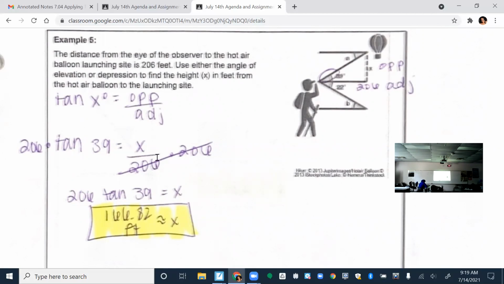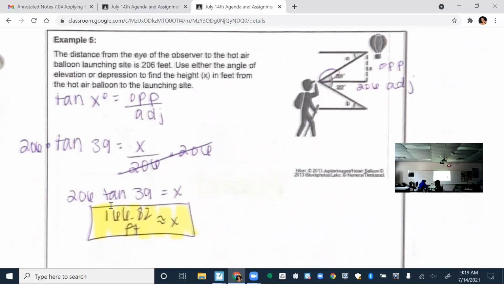So then you plug in what you're given. The angle measure, like I said, was 39. Opposite was side x. Adjacent was the side that is 206 feet. And then you're solving for x from there. So get the x by itself. Get rid of that denominator by multiplying it on each side.